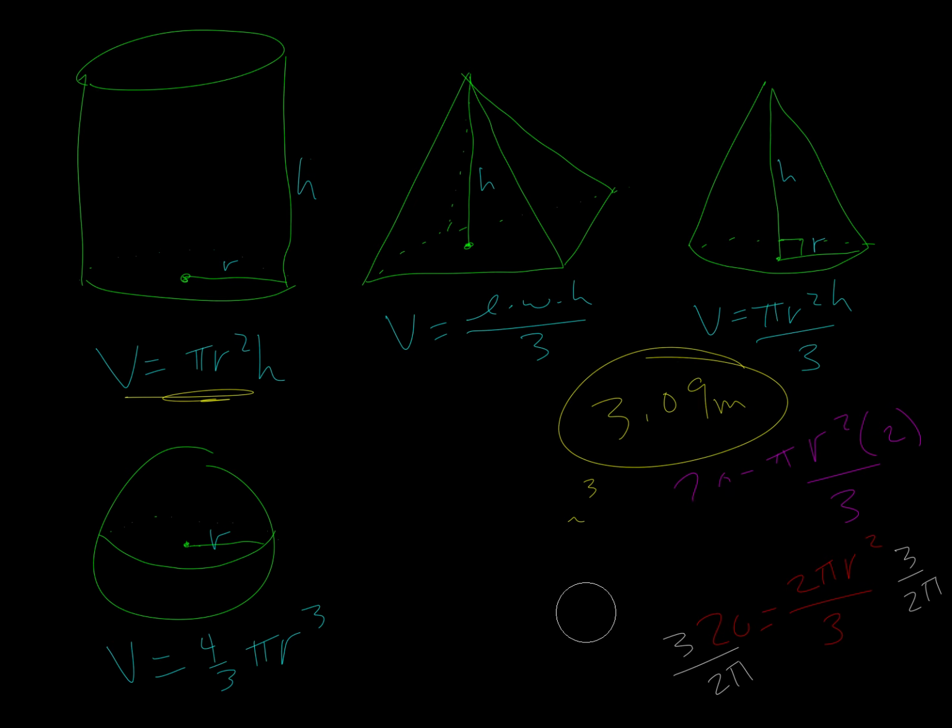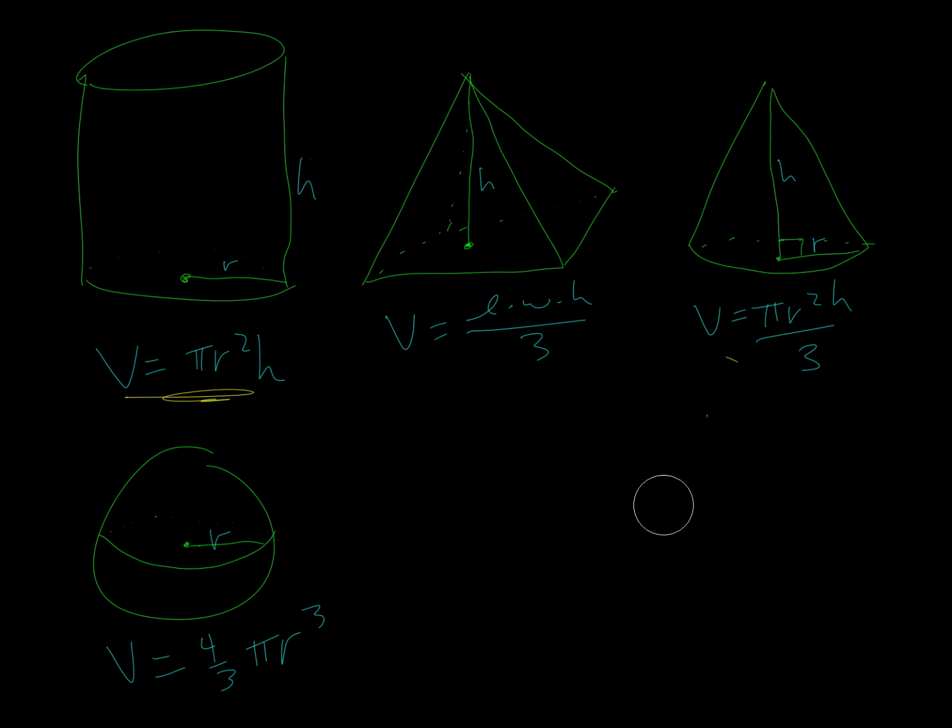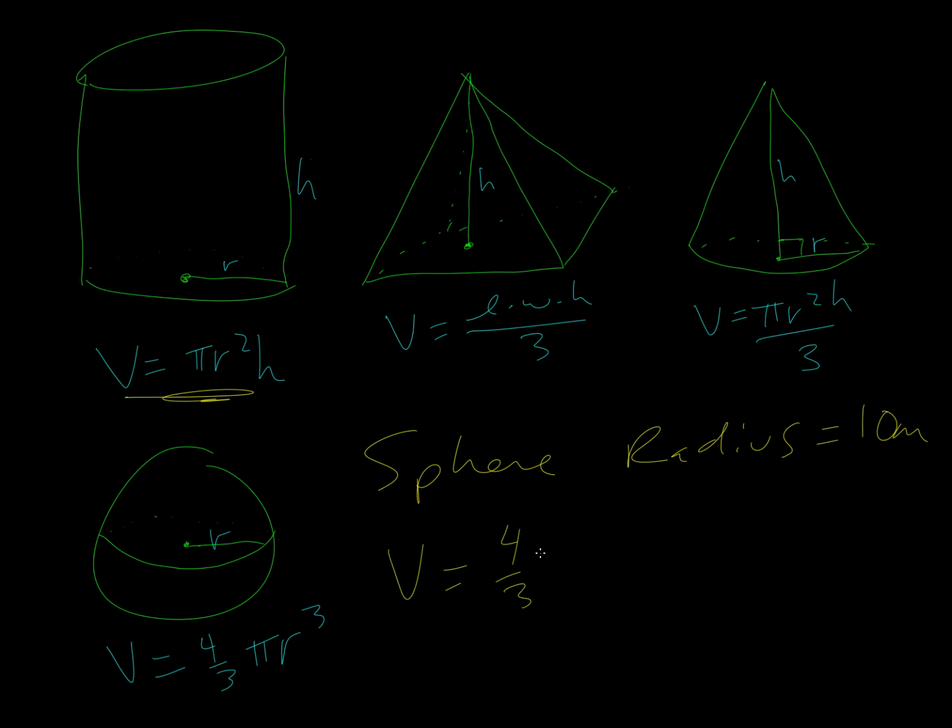Okay, erase this. We'll do one with a sphere. Sphere with radius equal to 10 meters. We just use this formula, and we want to know volume. Volume equals 4/3 pi times 10 cubed.